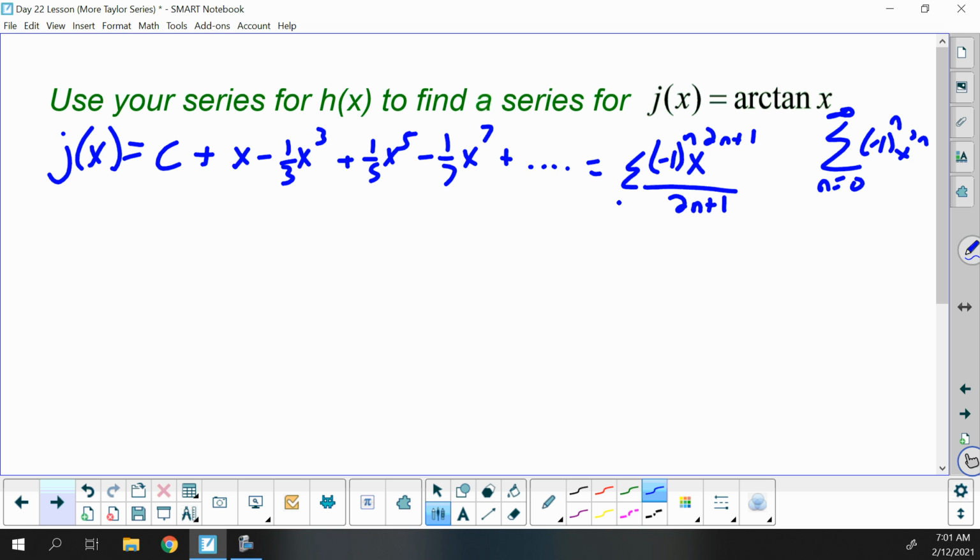We've got our summation, n equals 0 to infinity, and just make sure you have your c plus out front. It's good to check a couple terms. When we put in 0, we should get a positive x to the 1st, over 1. And that does seem to match up.